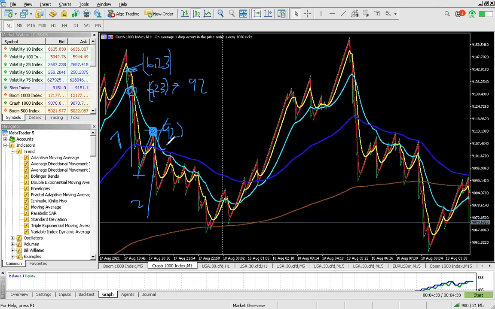Now, after the market goes down for level 2 and the 92 and 365 cross, if these two cross, is what is known as a peak lock.